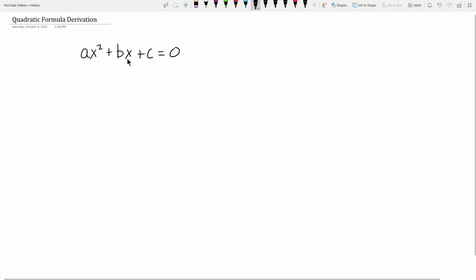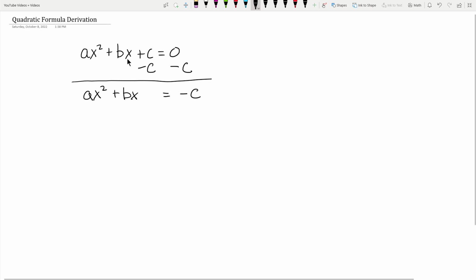So the first thing I need to do, since this is an equation and I have two sides to work on, I'm going to take advantage of that, and I'm going to bring the c over to the other side. So I have ax squared plus bx equals minus c.